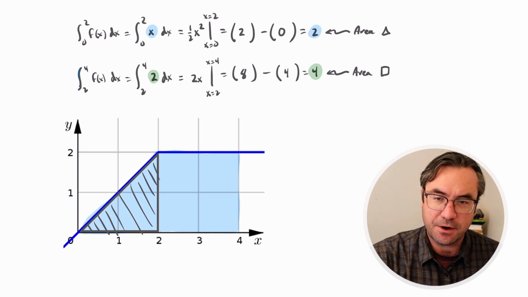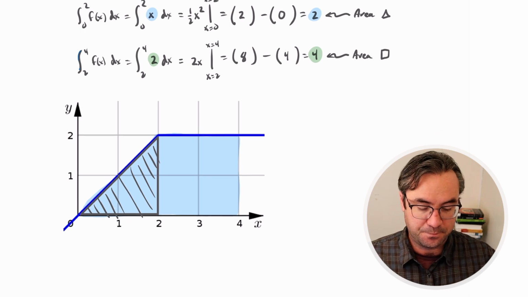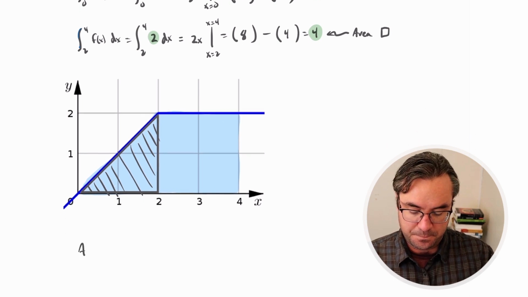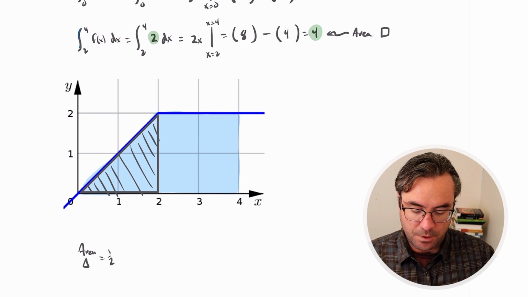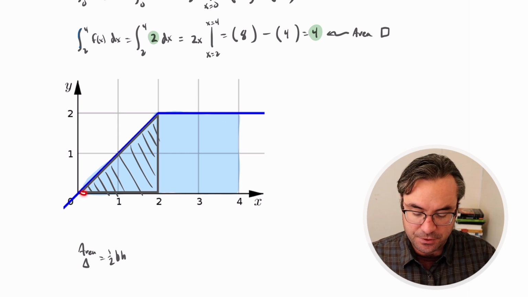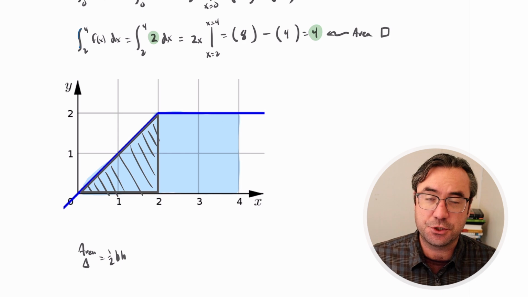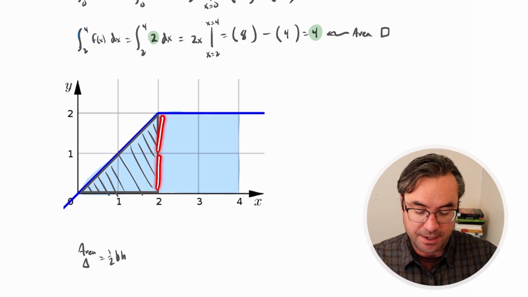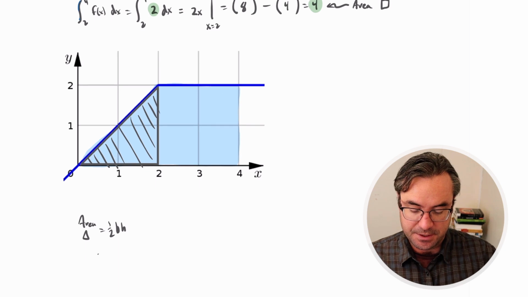And you can figure out the area for that triangle. Is 1/2 base times height. So the base of this triangle has 2 units. The height of this triangle has 2 units. So we get 1/2 times 2 times 2, which is just 2.